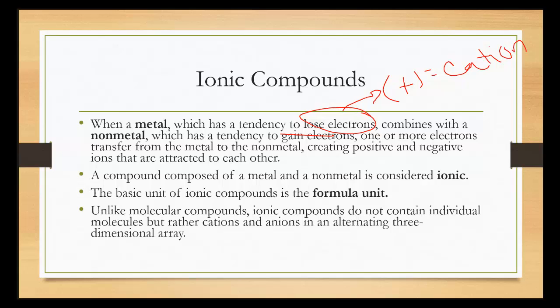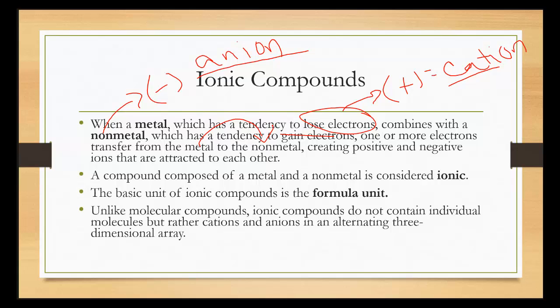So the nonmetal becomes negative, or an anion. The metal becomes the cation, the nonmetal becomes the anion, creating positive and negative ions that are then attracted to each other. A compound composed of a metal and a nonmetal is considered ionic.